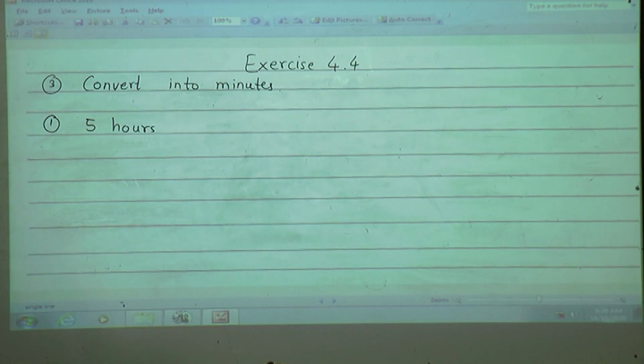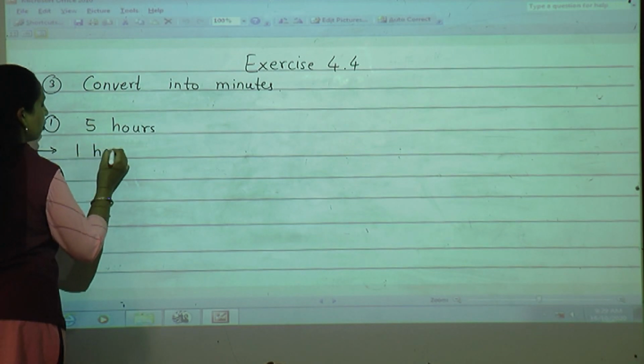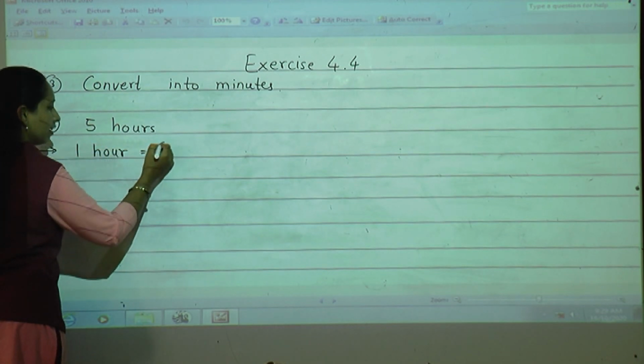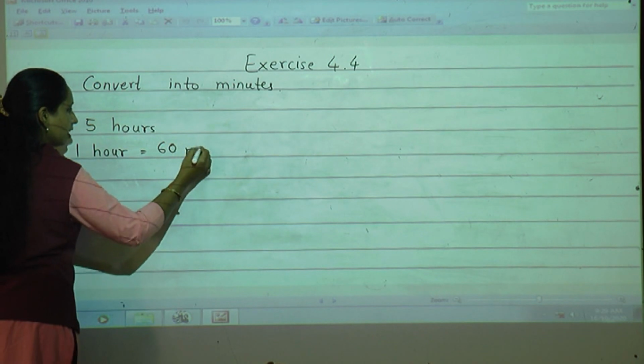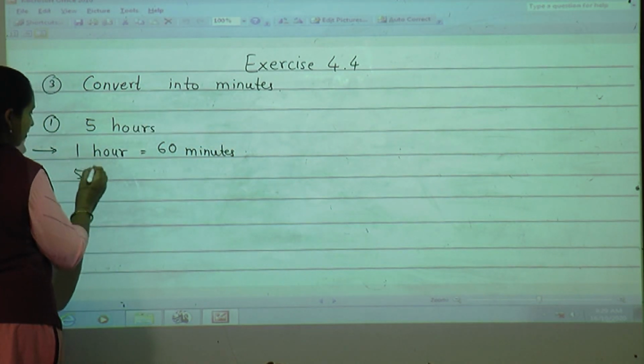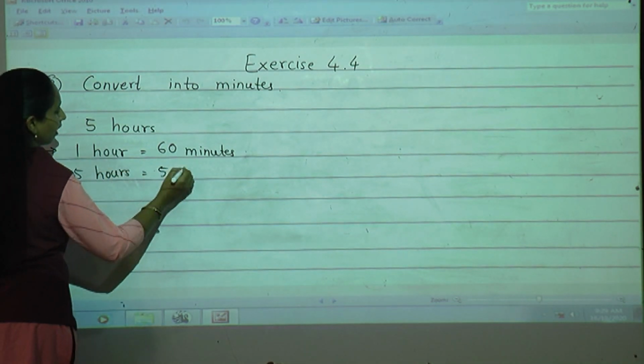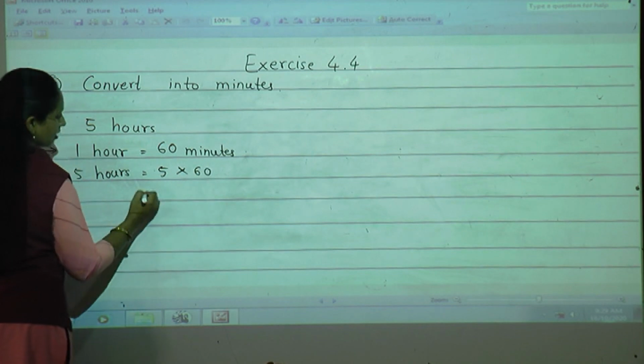Now when you want to convert hours into minutes, what do we have to do? Yes, tell me. Of course, we have to multiply by 60. When they had given 5 hours, 1 hour is equal to how much, students? 1 hour is equal to 60 minutes. So 5 hours is equal to 5 multiplied by 60.